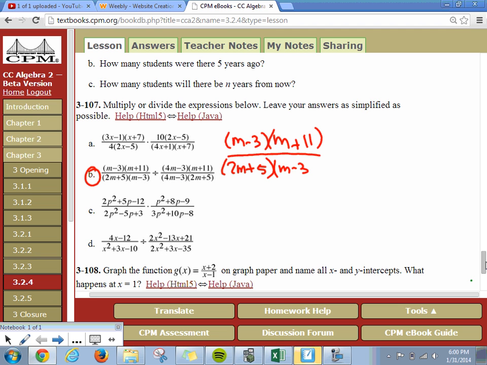That's m plus 11 over 2m plus 5, m minus 3. And then division just means that we're going to multiply by its reciprocal, which will be 4m minus 3, m plus 11. Oops. Reciprocal means this should go on the bottom.